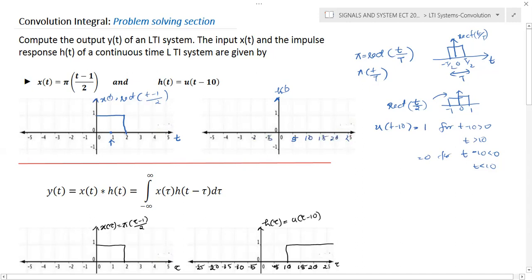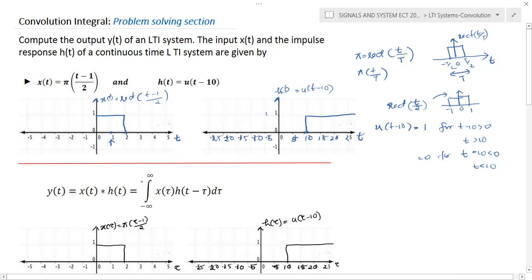Here it is minus 5, minus 10, minus 15, minus 20, minus 25. If t is greater than 10, assume that this is the point 10, and the function magnitude is 1. This is simply u of (t minus 10). Okay, and this is the t axis.